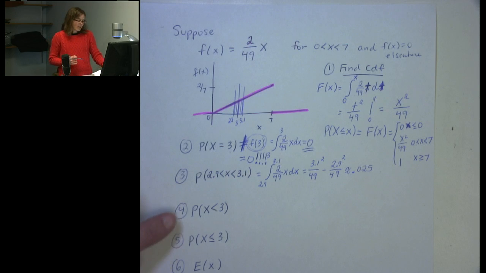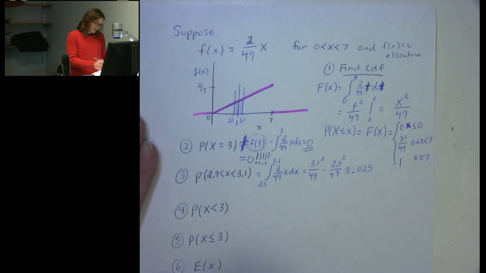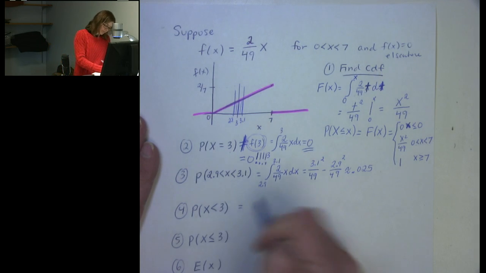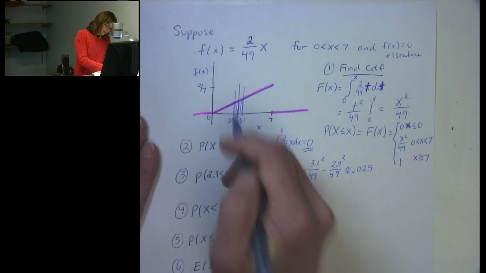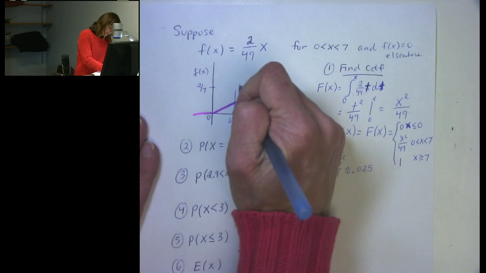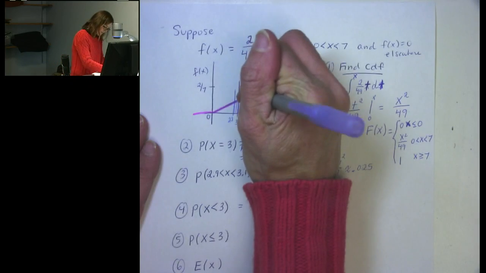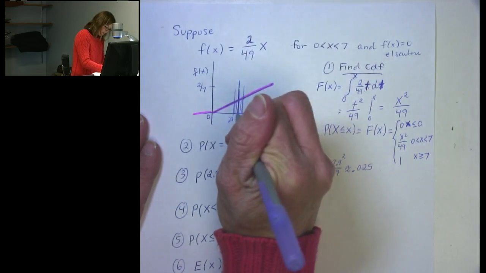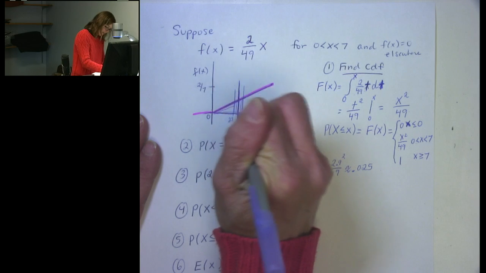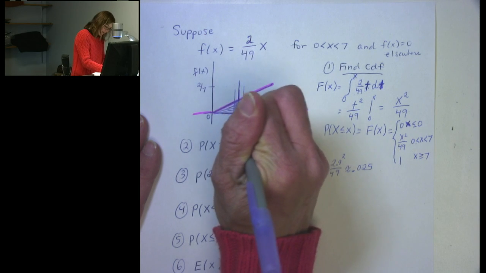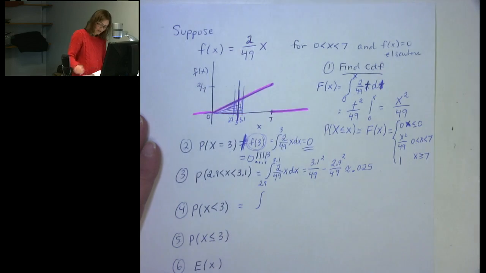If I want to find the probability that x is less than 3, I can think about looking here from 3 and less, so down here. So I need to find this entire area from 3 and down below.